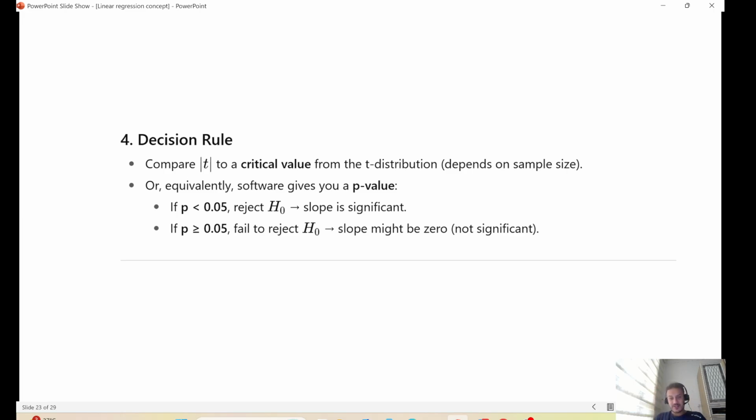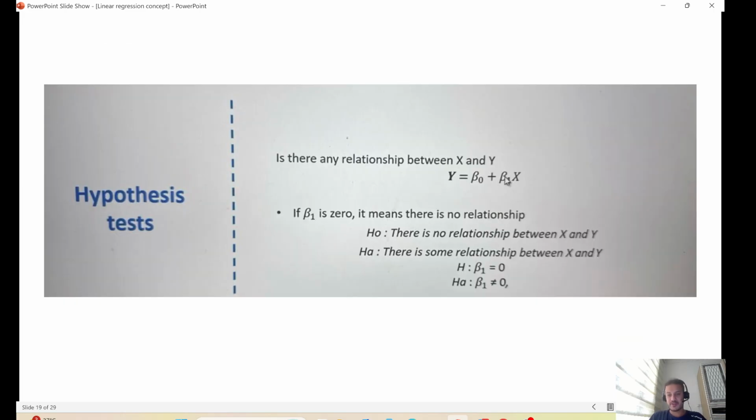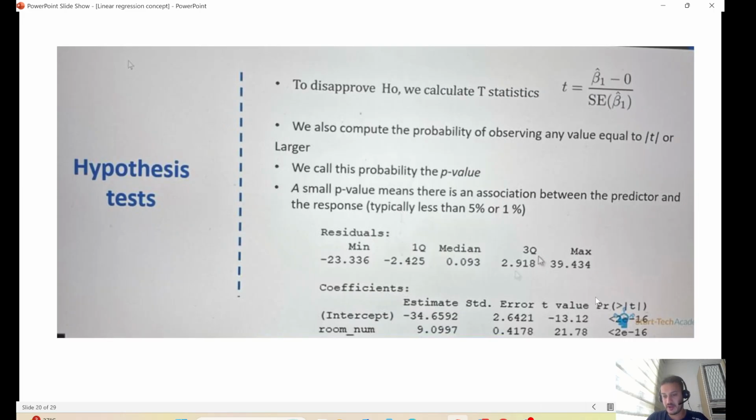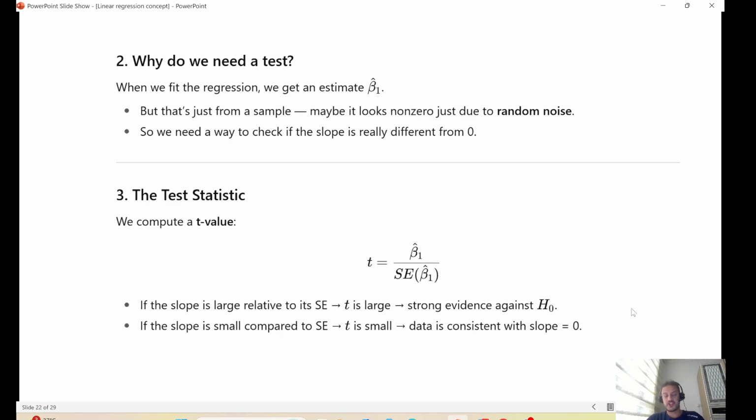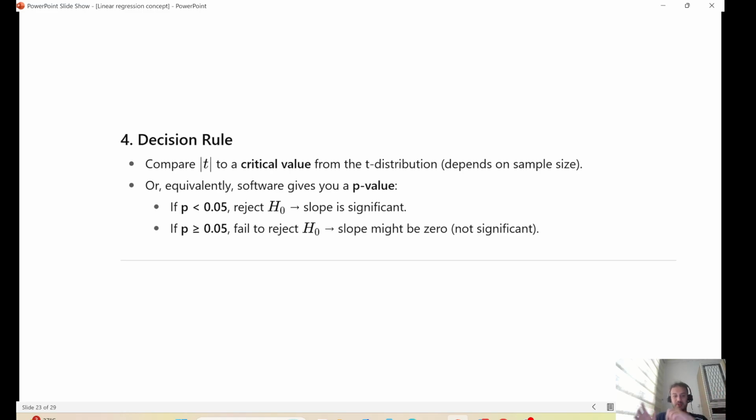After you finish the t value, you go to the p-value, the probability of t being bigger than this. So it changes the t statistic into a probability. If the p-value is less than 0.05, reject H0, which means the slope is significant.